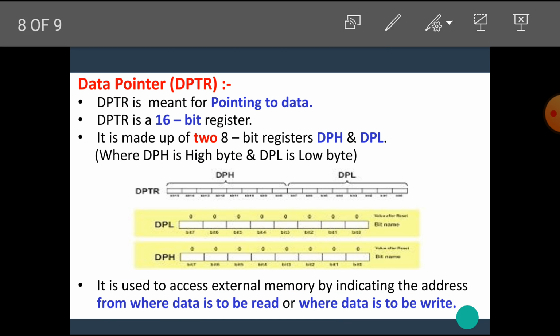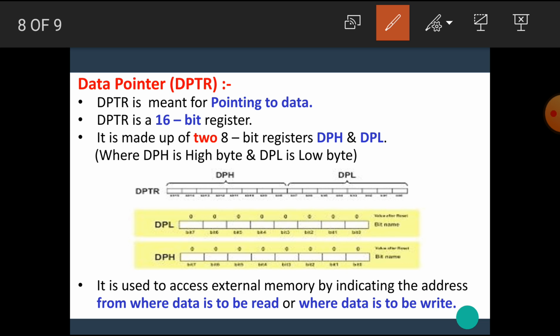Now, our next register is the data pointer register, or shortly the DPTR register. DPTR is meant for pointing to data. DPTR is a 16-bit register. It is made up of two 8-bit registers named DPH and DPL, where DPH is the high byte and DPL is the low byte.